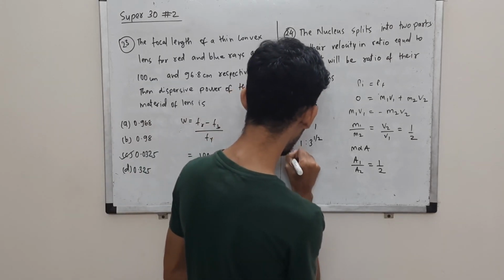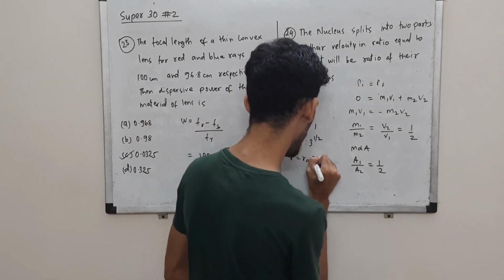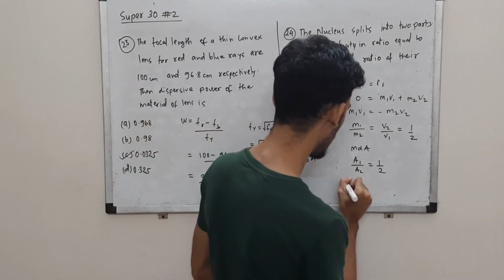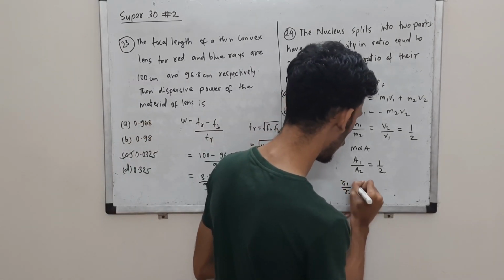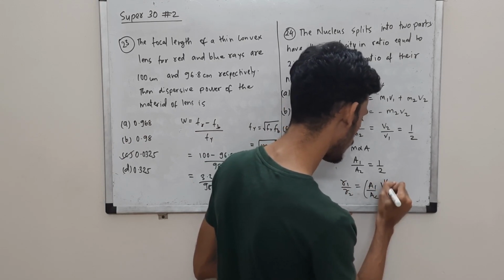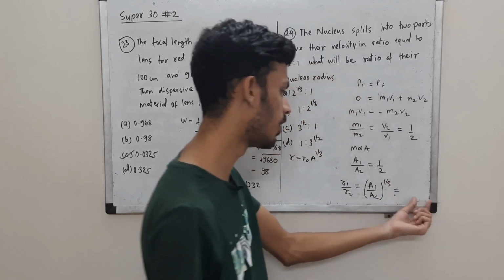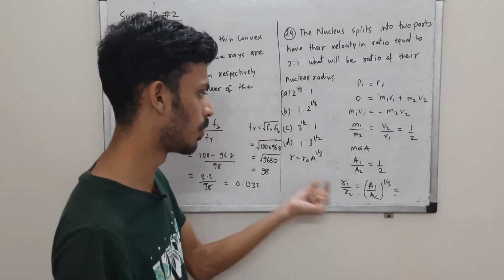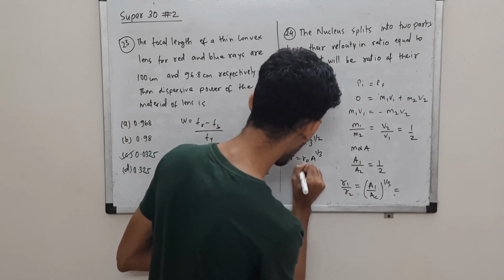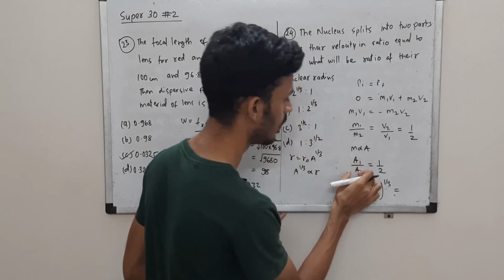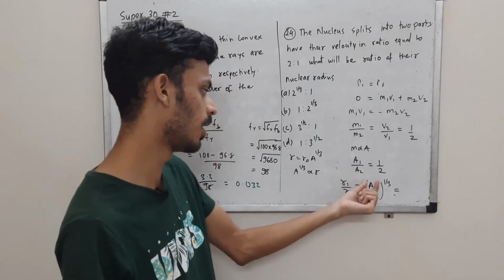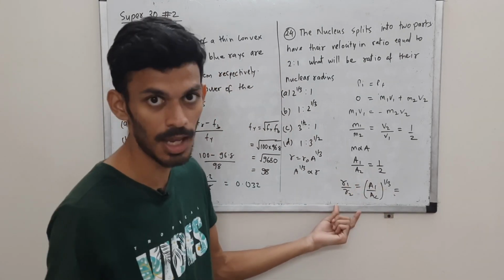Because you know that R is equal to R0 A to the power 1/3. So we can take power 1/3 on both sides. A to the power 1/3 is proportional to R, so (a1 by a2) to the power 1/3 is r1 by r2.